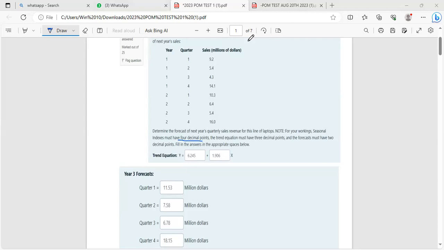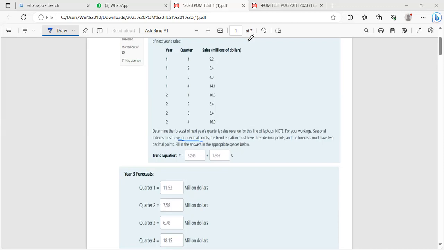Then for each of these years, we had quarter one, quarter two, quarter three, quarter four, and the sales values were also given. So the first one was 9.2, 5.4, 4.3, 14.1, we had 10.3, 6.4, 5.4, and 16.0.